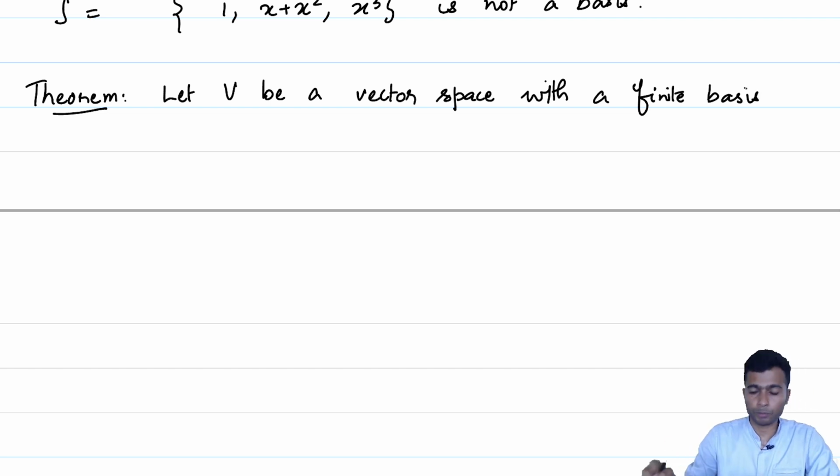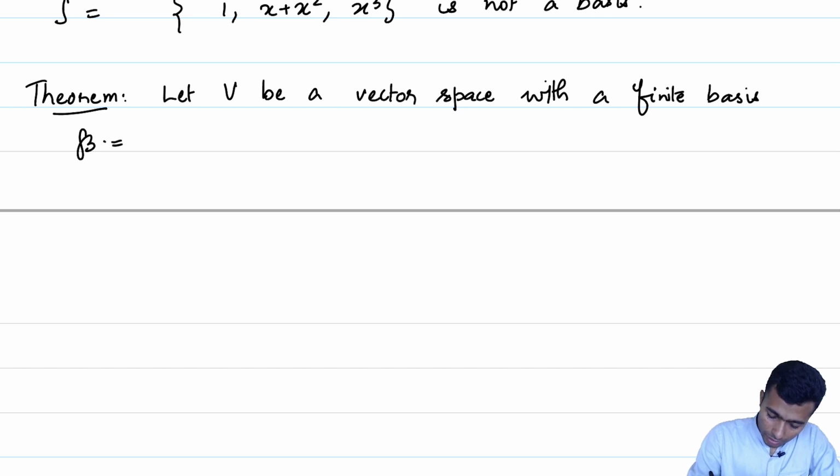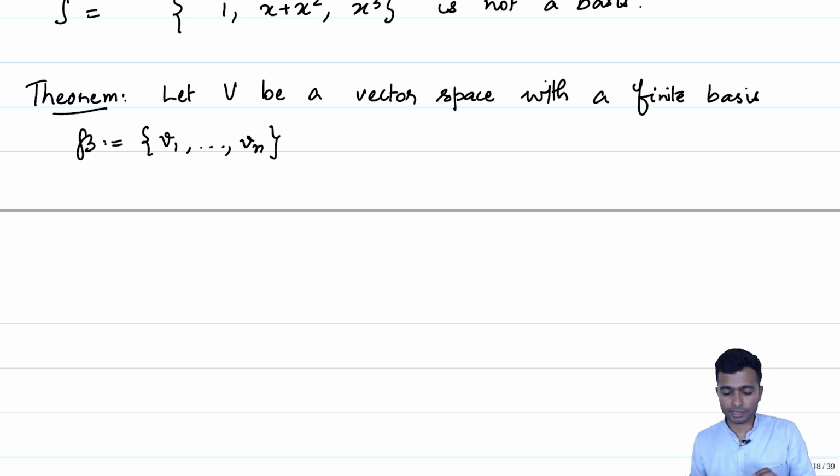Yes, let me impose the restriction of finite here, a finite basis B, which is defined as the set v1 to vn. So, what the statement says is that we have a finite set v1, v2 up to vn, which is both linearly independent and a spanning set at the same time.